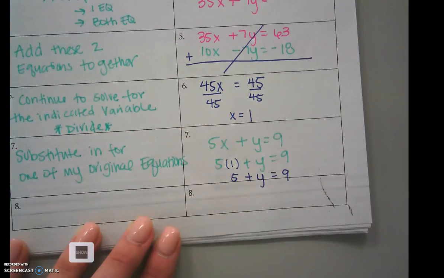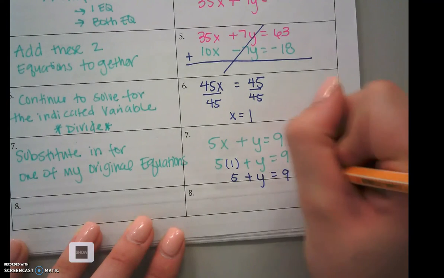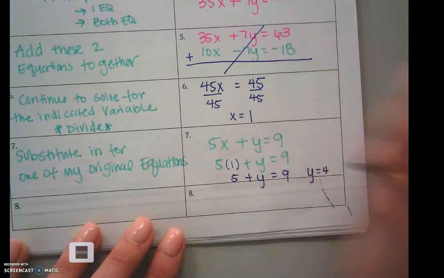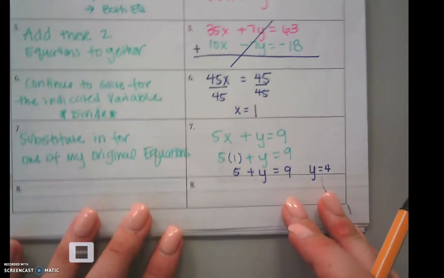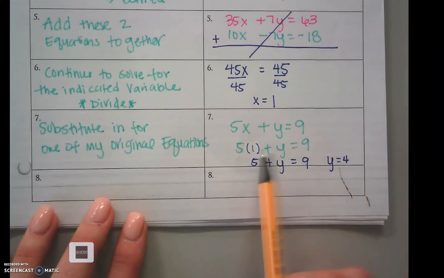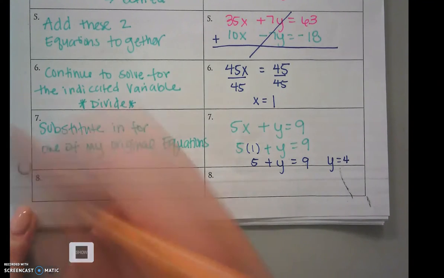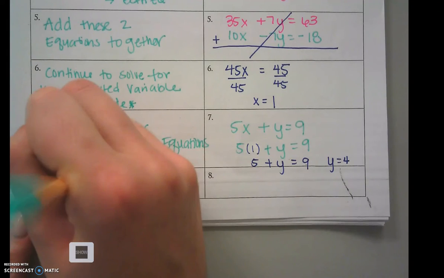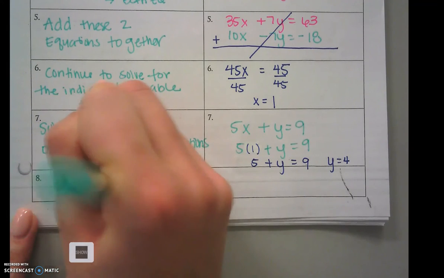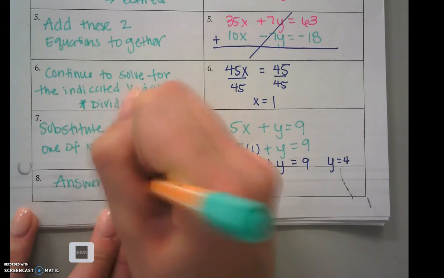But to get that y by itself, what do we need to do? Subtract. So y should equal 4. Now, if you don't believe me and want to double check, you can substitute that 1 in for that other equation, and you should still get a 4 back. Remember, your answer is an ordered pair.